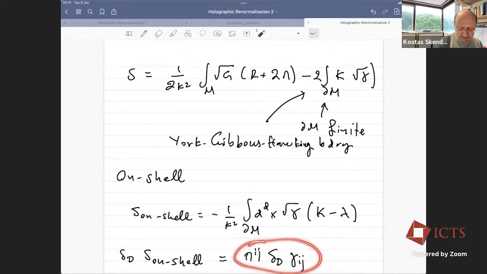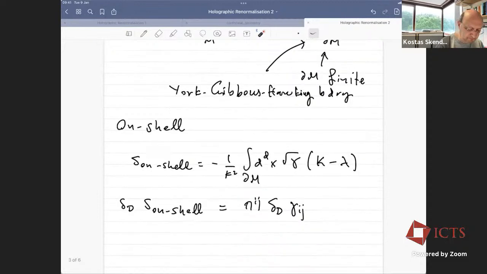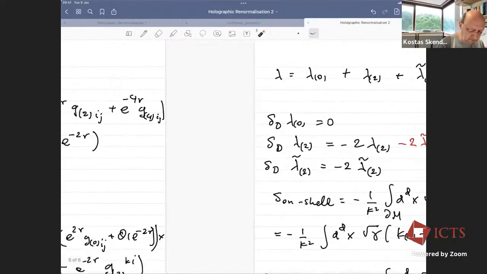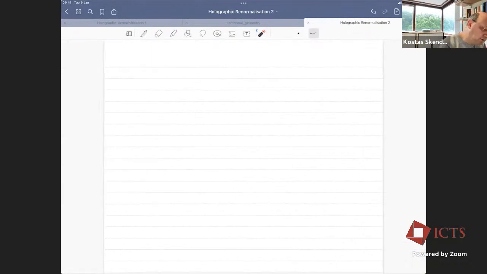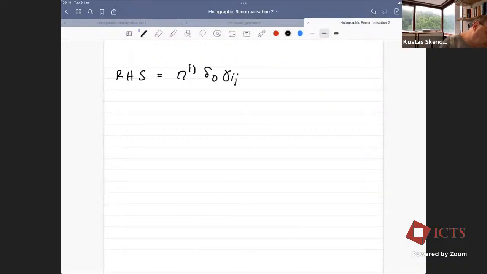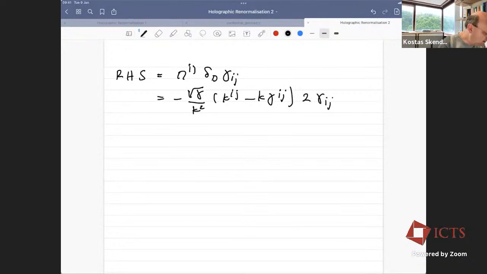Now we're going to work out the right-hand side. So pi was square root of gamma kappa squared, Kij minus K gamma ij. And delta g is 2 times gamma ij.